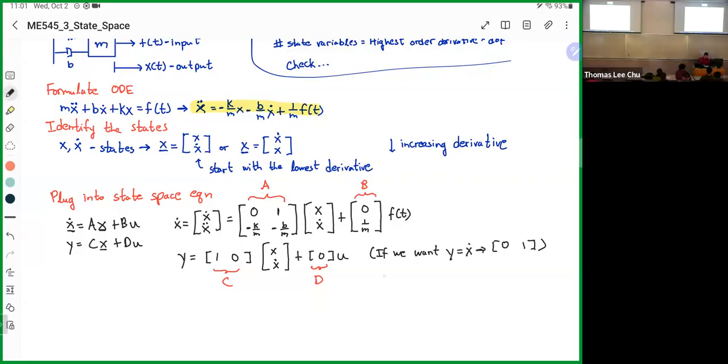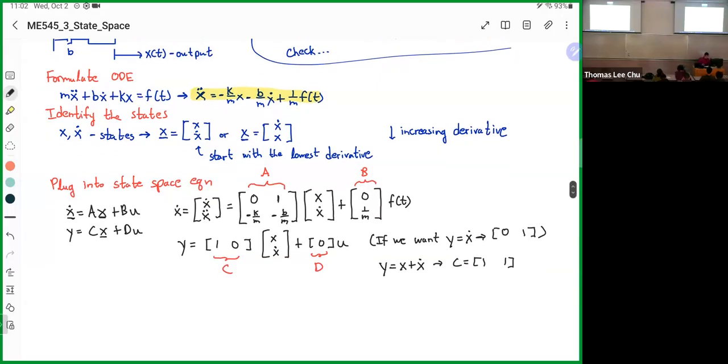If I want y is equal to x plus x dot, for no practical reason, then you're going to choose C is equal to 1, 1. So this is more designer choice, and sometimes it's sensor choice too. Your sensor is going to be limiting what you can measure, so you're going to formulate your C matrix based off of what sensor you pick.